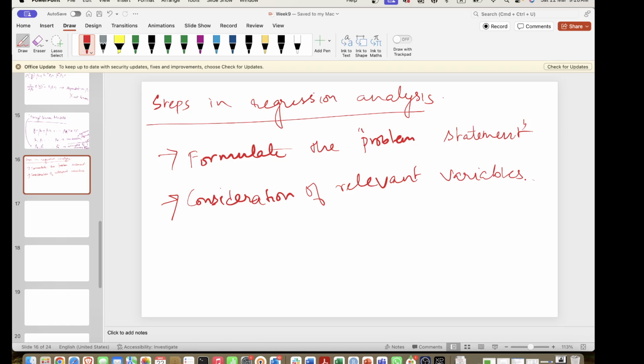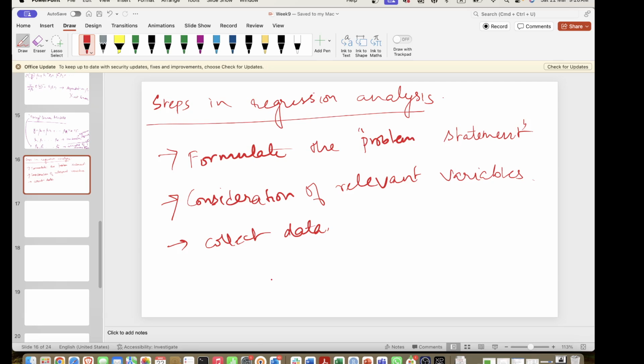And whatever we are not able to explicitly state, that part we are going to assign to the epsilon or the random error term. Now once we have considered the relevant variables, we need to collect data on them.